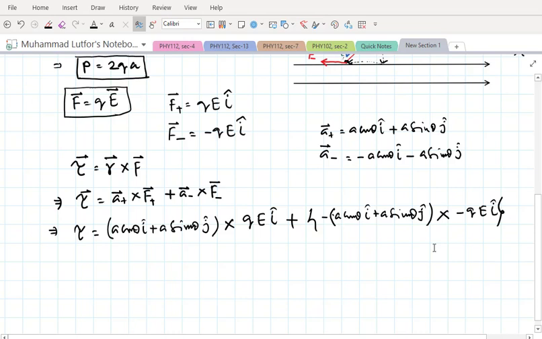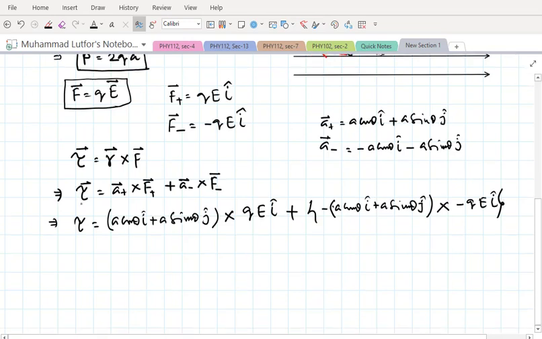Right. Now I have to take the cross product with every term, but from the unit vector property I know that i cross i is basically 0, but i cross j is basically k. We'll use that convention over here. Using that convention, I can say this component and this component are going to be cancelled out.